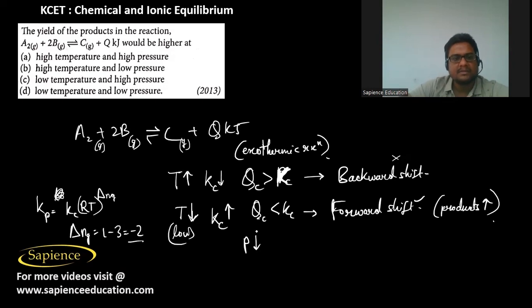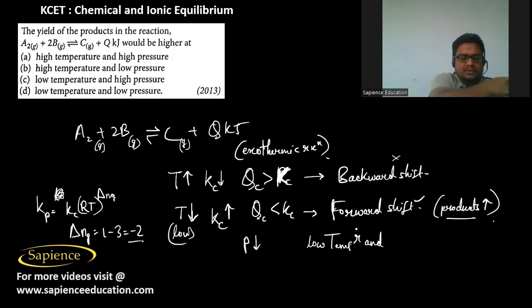So it means that the yield of the products will be higher when there is low temperature and high pressure. The equilibrium will shift in that direction in which pressure decreases.